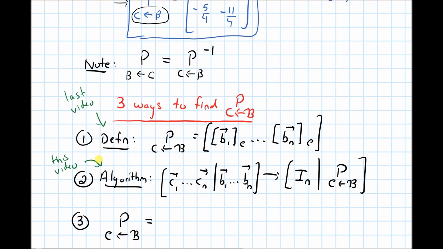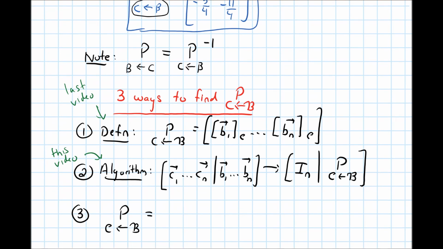And there was one other way that I mentioned in the last video, very briefly. In the last video, we actually mentioned this third one before the first one. The formula here was P_C inverse times P_B, where these matrices are matrices from section 4.4.